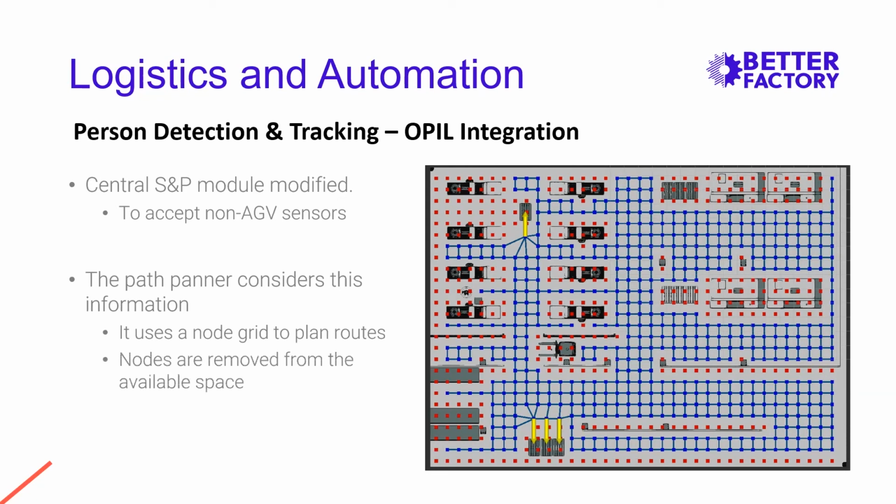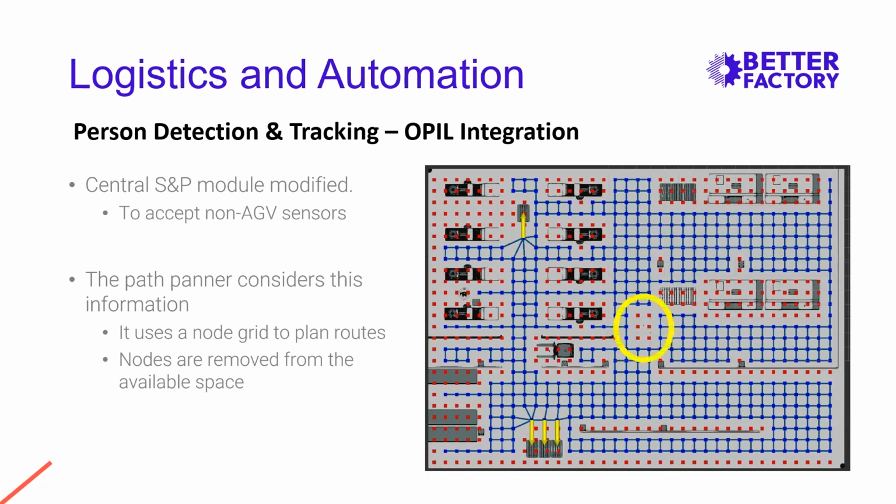Nodes are removed. For the navigation, OPIL uses a grid of different nodes that sets potential navigation paths. So what the system does is remove these nodes dynamically.